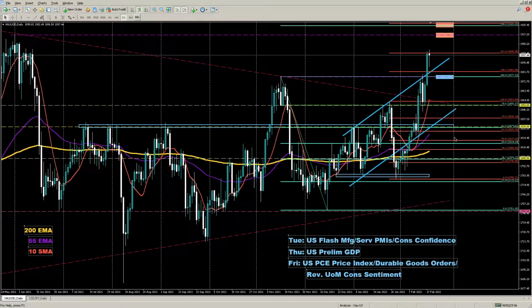Let's extend this to see if this upper channel trend line will hold as a support. Otherwise, there's still this support zone now between 1877 and 1882.